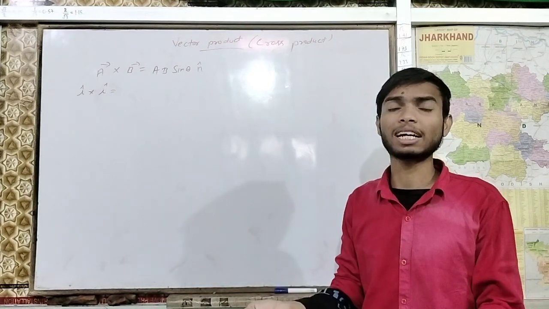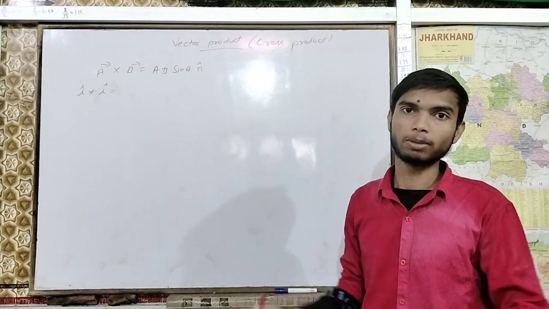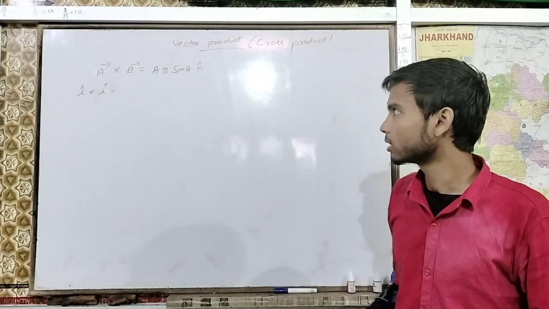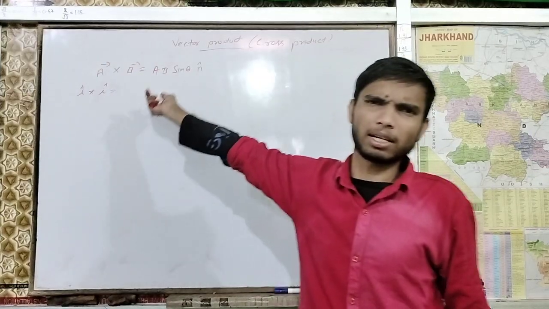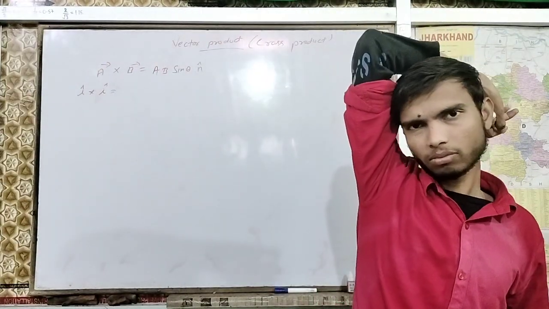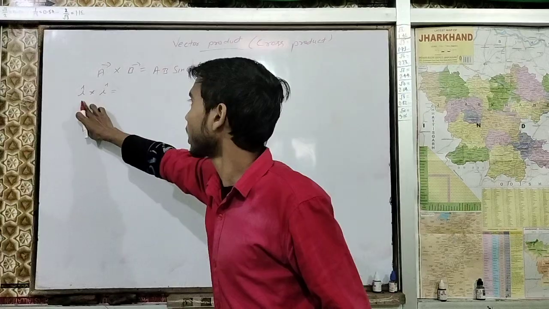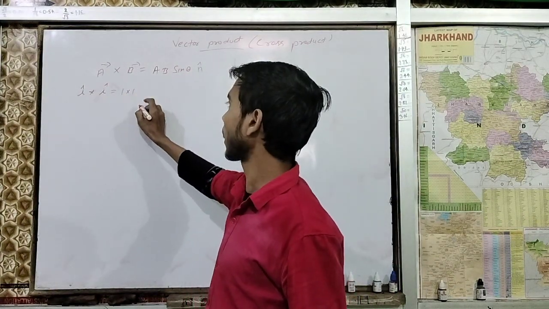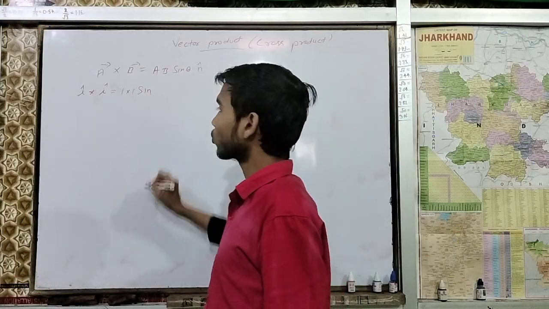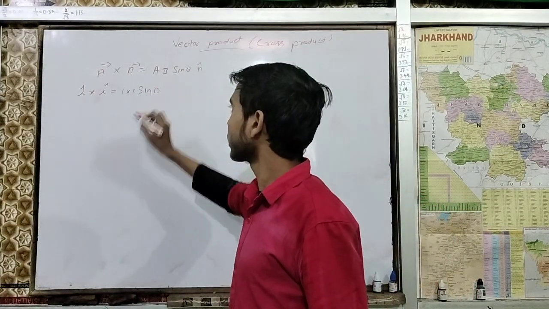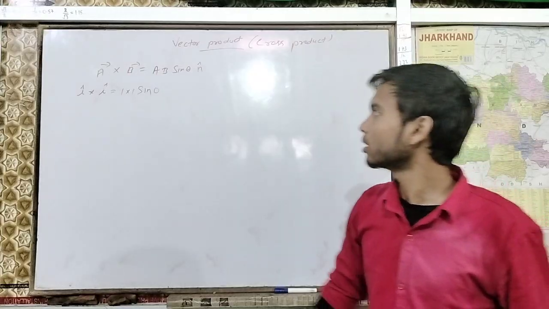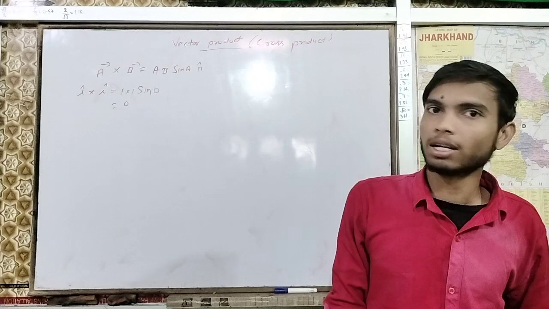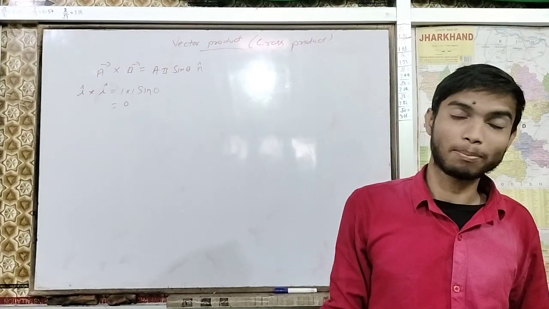If you take different components, angle would be 90 degree. So i cap cross i cap. Now magnitude of this would be 1, again magnitude of this would be 1. Sine, so angle is 0. So sine 0 is 0.